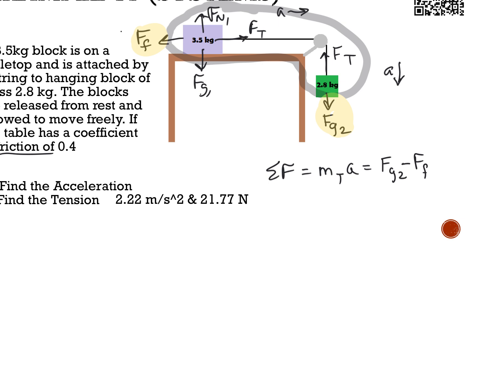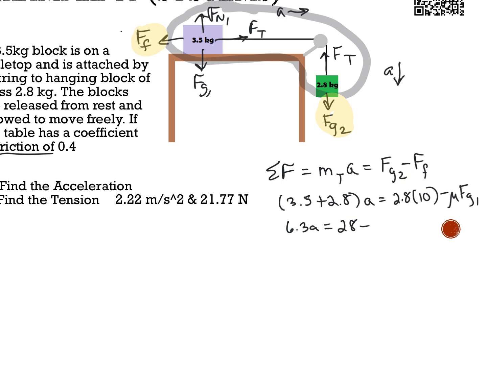So the total mass would be 3.5 plus 2.8 times the acceleration, which equals the force of gravity on 2, which would be 2.8 times 10, minus the force of friction, which is going to be mu times the force of gravity on 1. So 3.5 plus 2.8 is 6.3. So we have 6.3a equals 28 minus the force of gravity on 1, which, of course, is going to be the normal force.